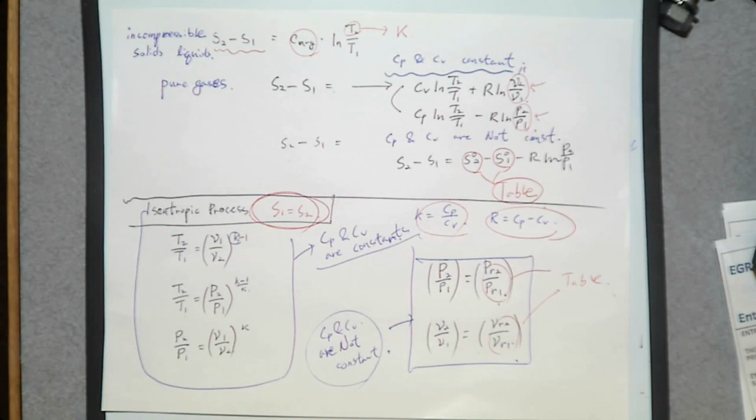This kappa is Cp over Cv, which you can also find from a table.